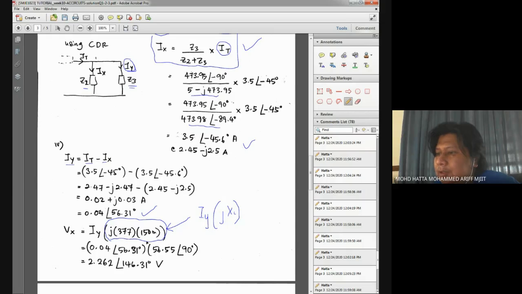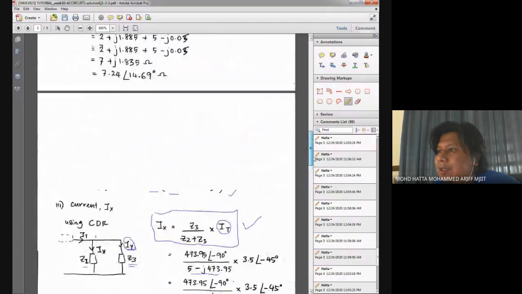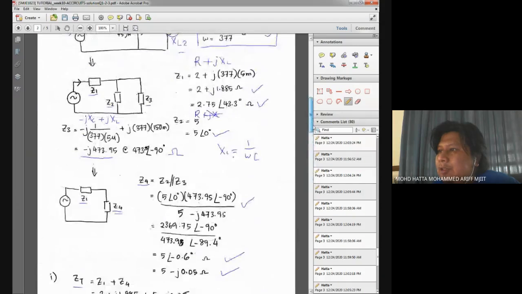So this is the jXL that I mentioned just now. 377 is my omega. 150 milli is my inductor value. And at the end, I will get my Vx as this answer, 2.262 with the angle of 146.31 degrees volt.